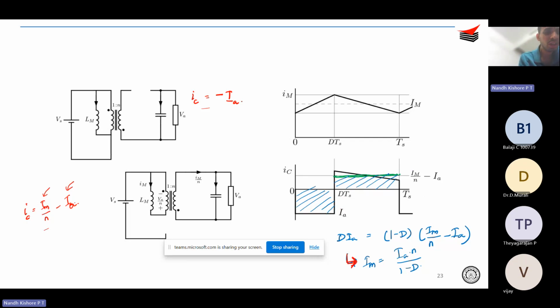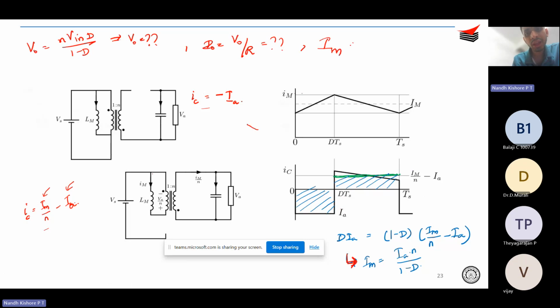So you know that V0 is equal to N Vin into D by 1 minus D. From this, find out what is V0, and you know that I0 is equal to V0 over R. Therefore, what is I0, or this is your Ia. From this, you find out what is Im.